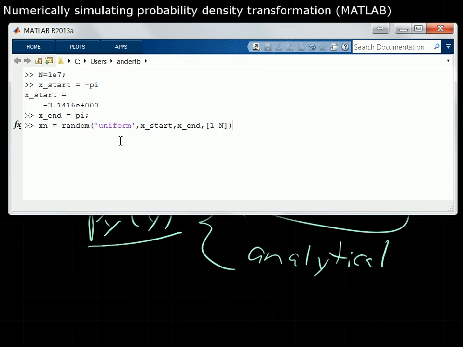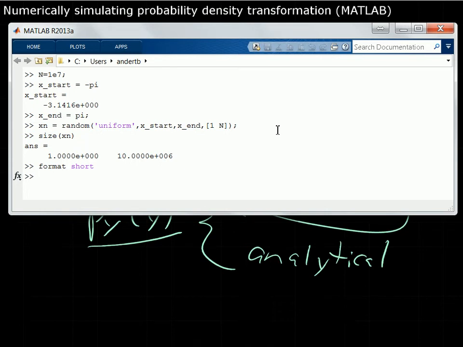This will be a one row by n column vector that will go into our numerical x values. So we can see what the dimensions of x are.